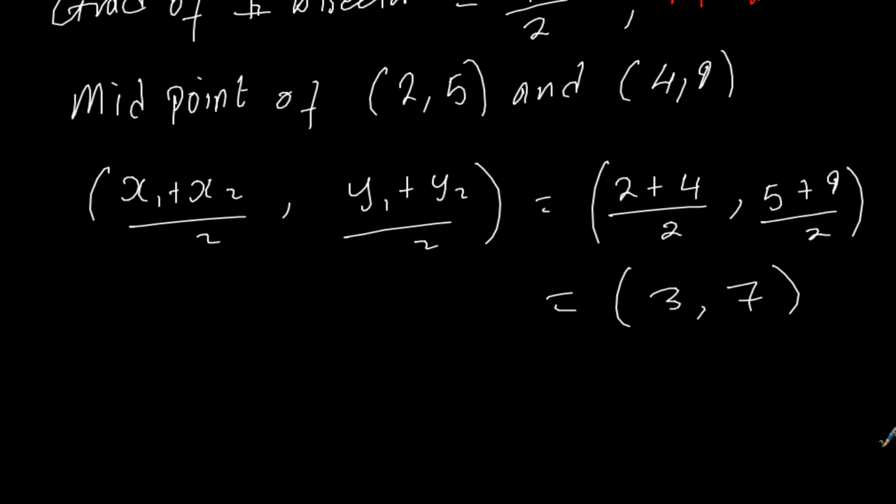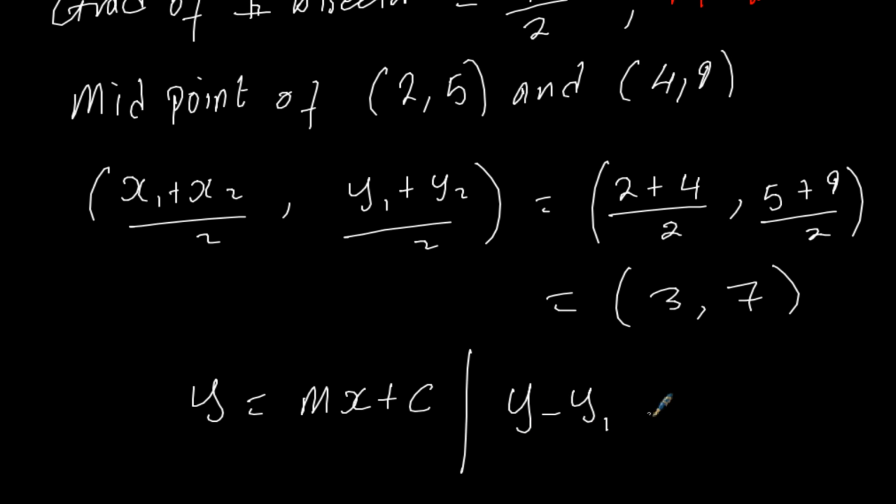And now what you're left with is finding the equation of the line. So to find the equation of the line, we can use y equals mx plus c, or using the formula which comes from the gradient of the line. The formula which comes from the gradient of the line is y minus y1 is equal to m into x minus x1.